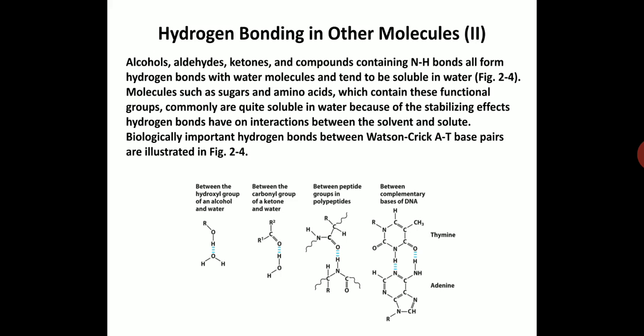Molecules such as sugars, amino acids which contain these functional groups commonly are quite soluble in water because of the stabilizing effect the hydrogen bonds have on the interactions between the solvent and solute. Biologically important hydrogen bonds between Watson and Crick base pairs are shown in the figure on the next page.